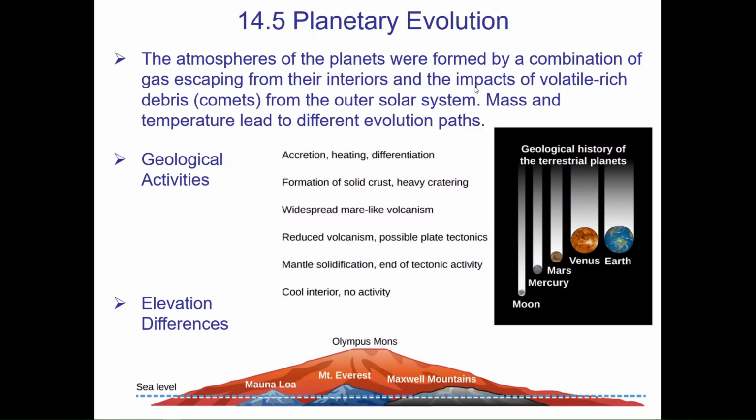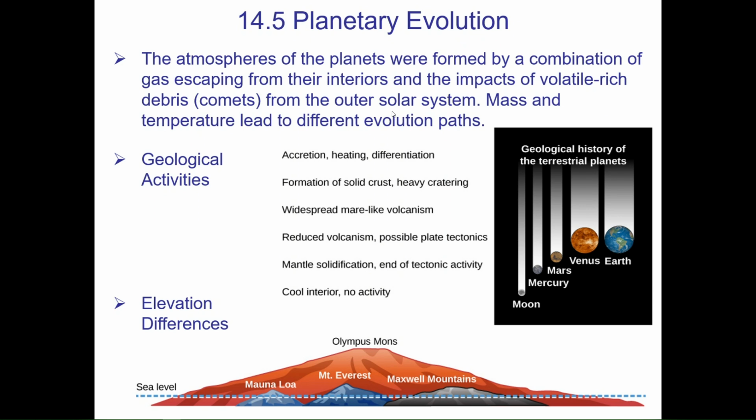And we talked about the impact of volatile-rich debris, such as comets, which bring water, methane, and ammonia from the outer solar system. So you can imagine that's pretty much how the planets get their atmospheres at the beginning.